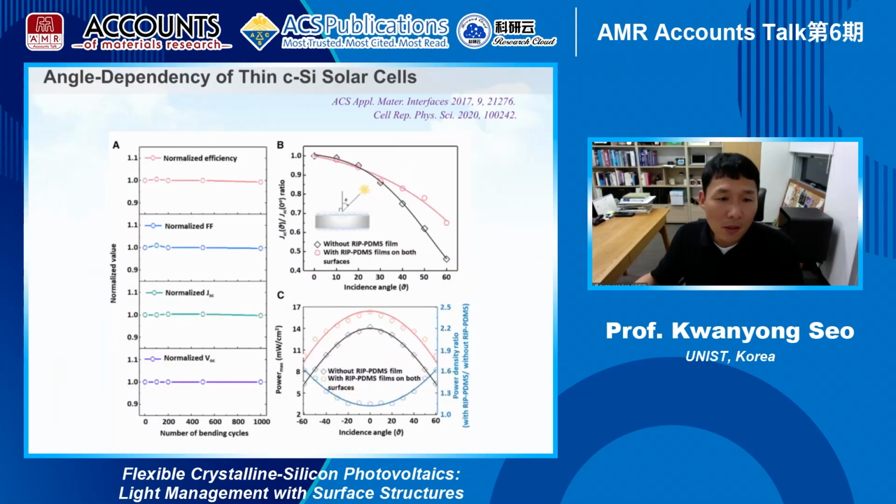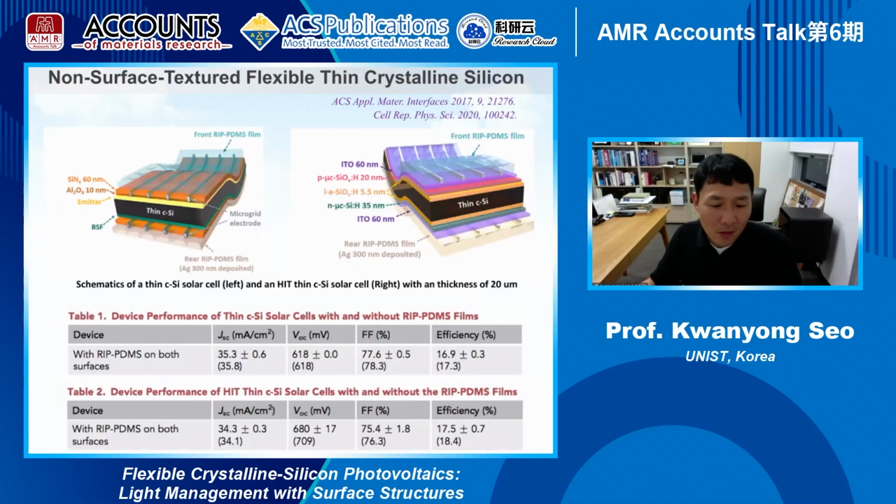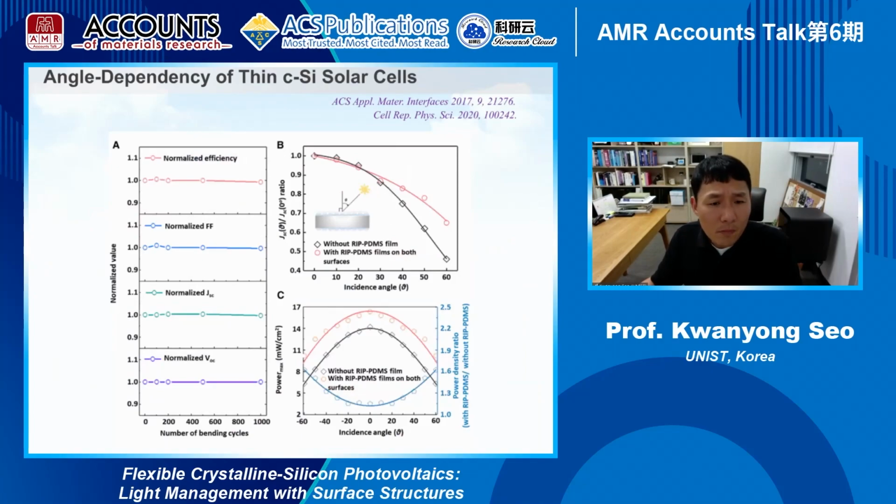And we also did the bending test as a routine process. It shows very stable efficiency, fill factor, short-circuit current density, and open circuit voltage during the 1,000 times bending test.